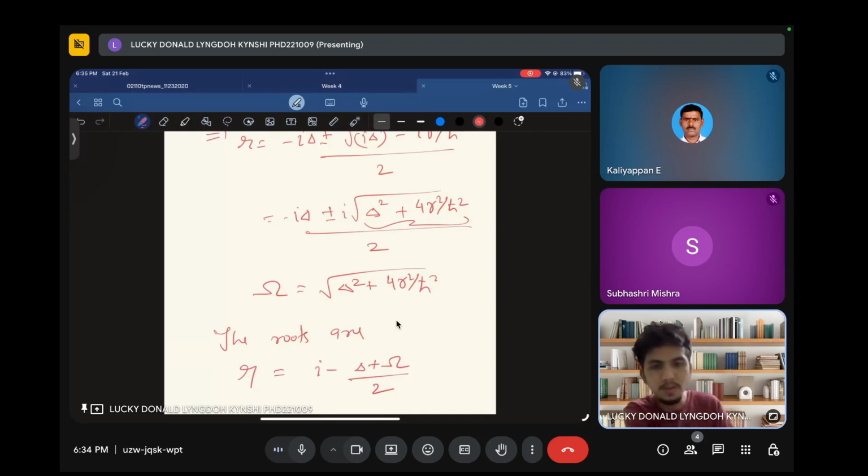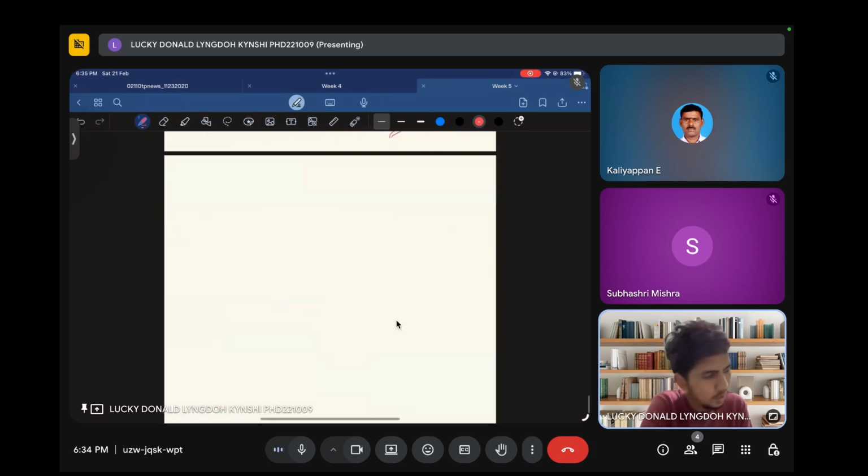That means it consists of your imaginary part as well as real part. For imaginary and real parts, you know the solution for c2(t). This is from the solutions: c2(t) is equal to e to the power minus i delta t by 2, times A cos omega t by 2 plus B sine omega t by 2.